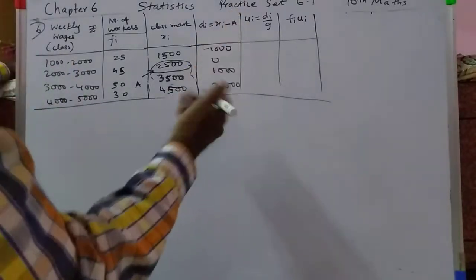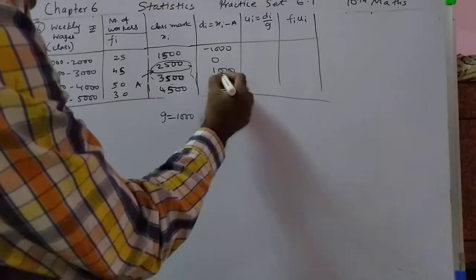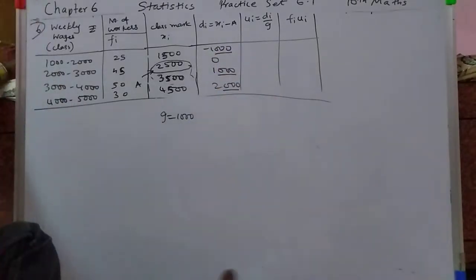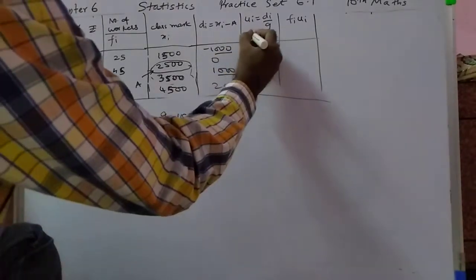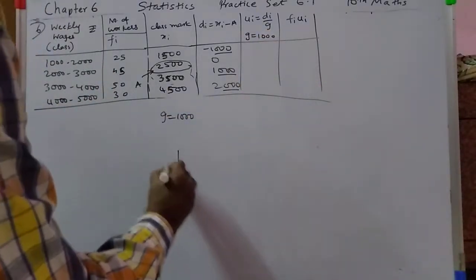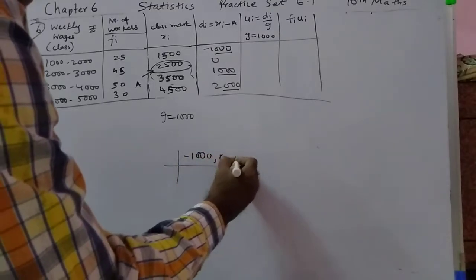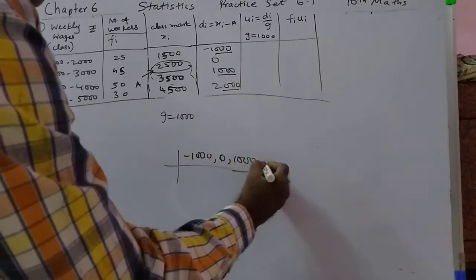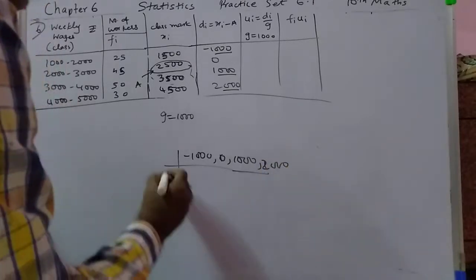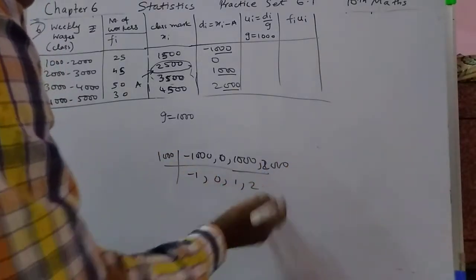Now you can see, okay, G is equal to 1000. Very easy. Okay. So G is equal to 1000. Or you can calculate like this. Minus 1000, 0, take 1000 here. Minus 1, 0, 1, 2.